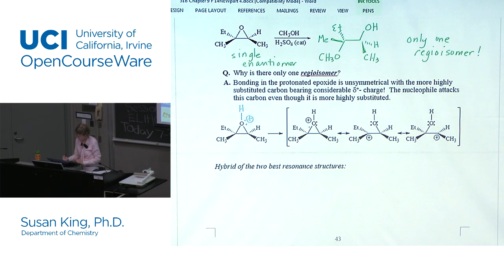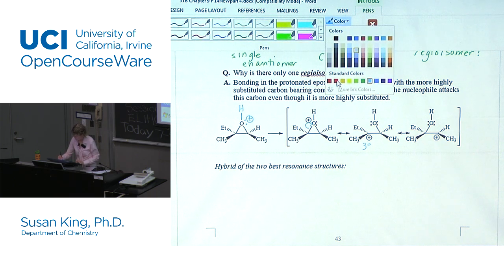And then what we can do is we can go here and we can break this sigma bond. Again, it's weird looking, but as long as we are not moving atoms, we are moving electrons, that's okay. If we do that, we get a tertiary carbocation as a resonance structure. If we move it the other way, so I'll use a different color for that.